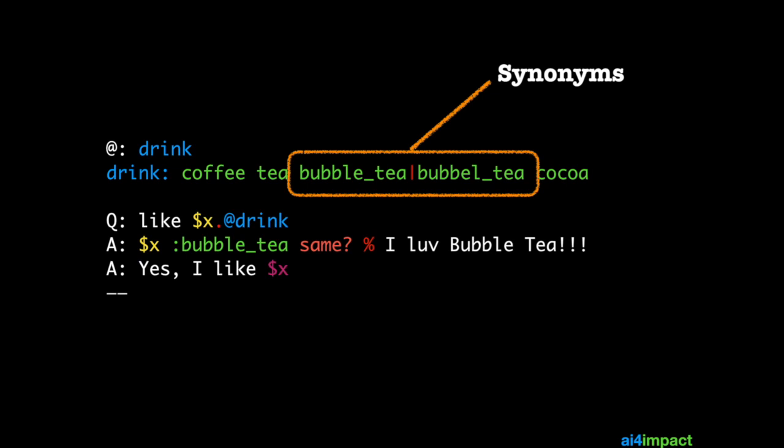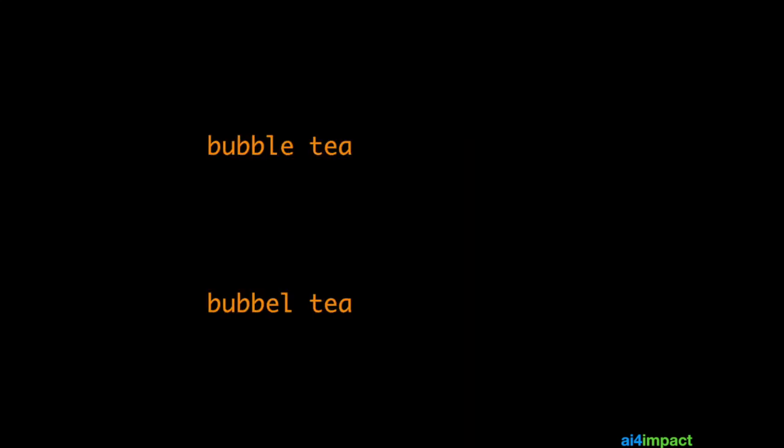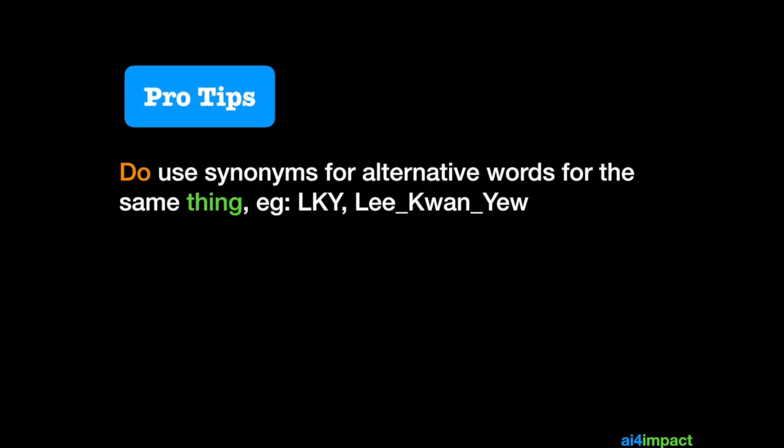The name of the thing will be the first synonym that's been defined. So in this case, the first one is the correct spelling for bubble tea. So that's being used in your rules. So again, in synonyms, bubble tea and the incorrect version are both mapped into bubble underscore tea, which is what you can use in your rules for matching in guards.